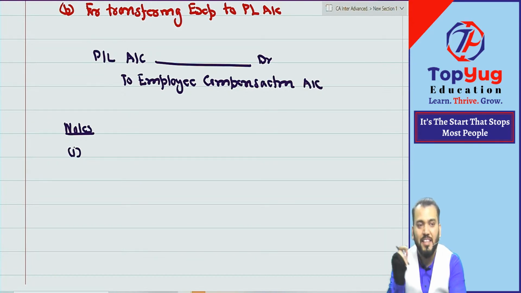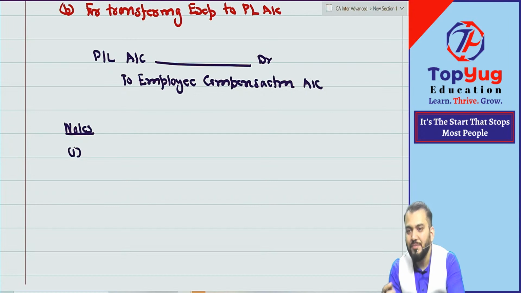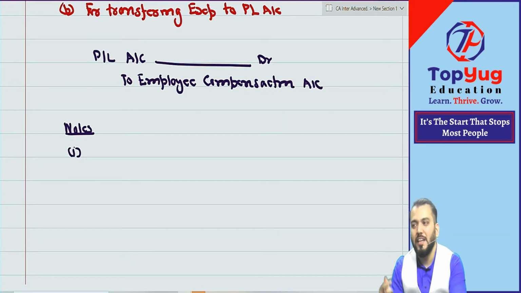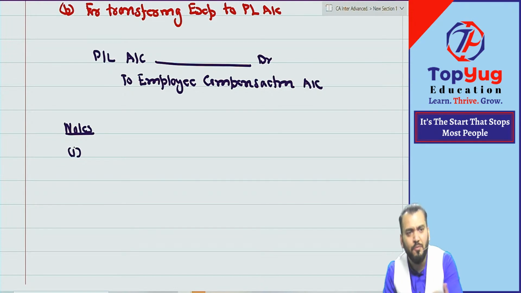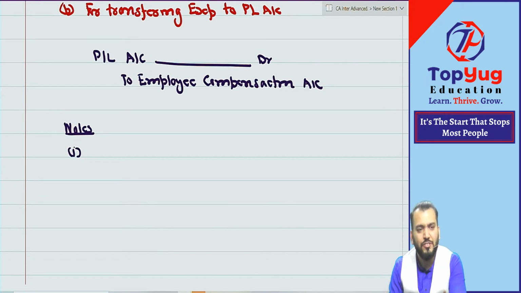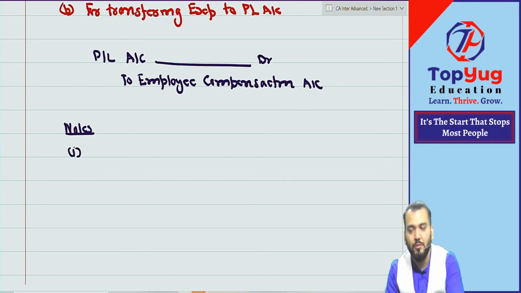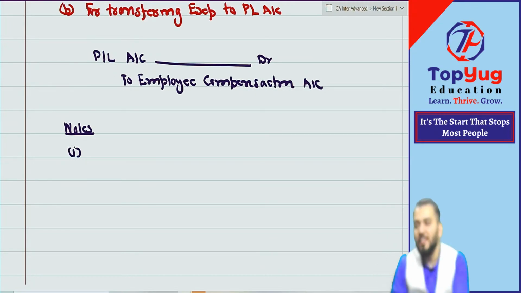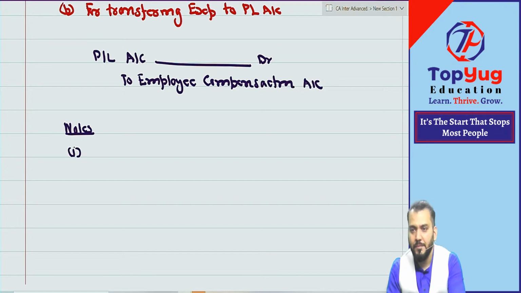In the balance sheet we write equity first and then liability. Under liability it can be current or non-current liability. The format you already know. The point is whether stock option outstanding account is a liability or should be shown under equity. What do you think? Liability or equity?